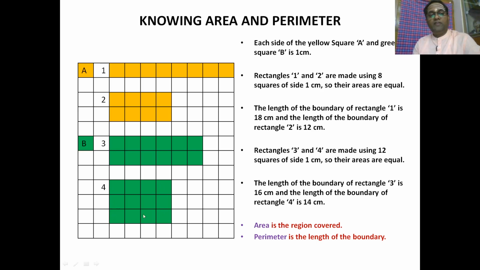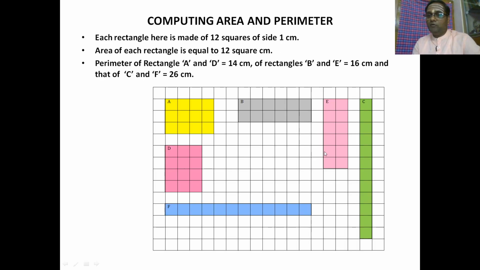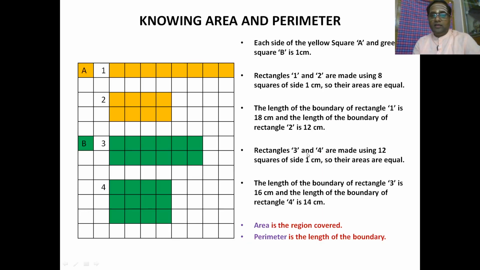So area of rectangle 4 is also 12 square centimeters. Since rectangle 3 and rectangle 4 are made using 12 squares of side 1 centimeter, their areas are 12 square centimeter each.